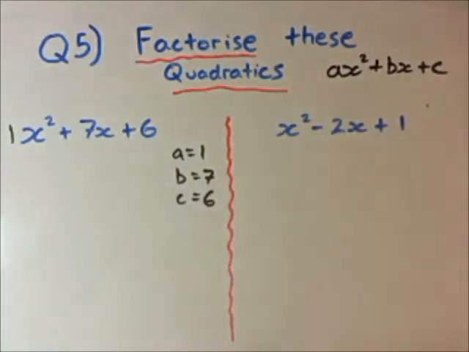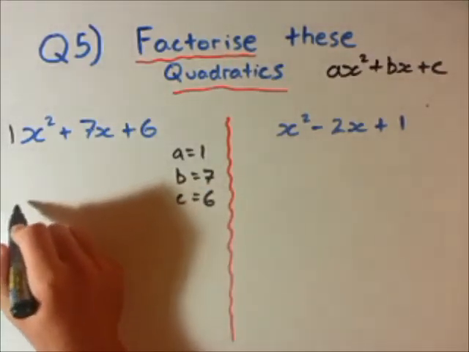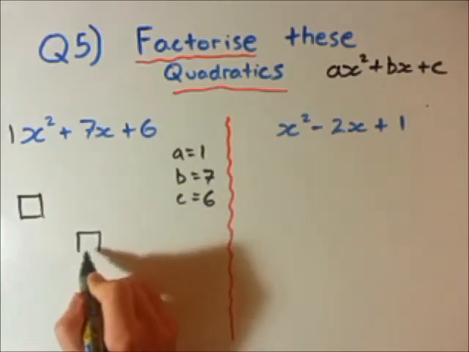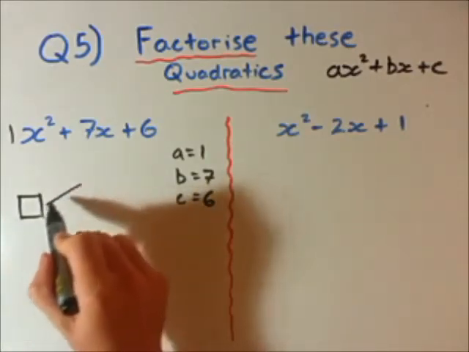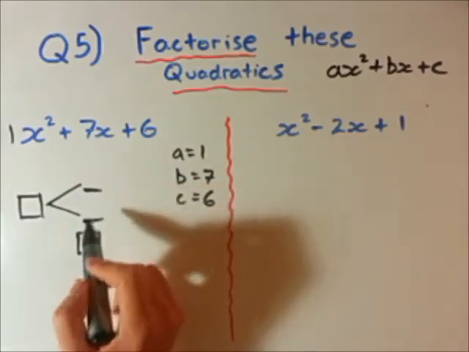Okay? Now, here comes the Fox family method. That's the first step. The second step is to draw this diagram. 2 boxes. From there, you're going to draw 2 lines out, and we're going to be writing some numbers on top of these lines.